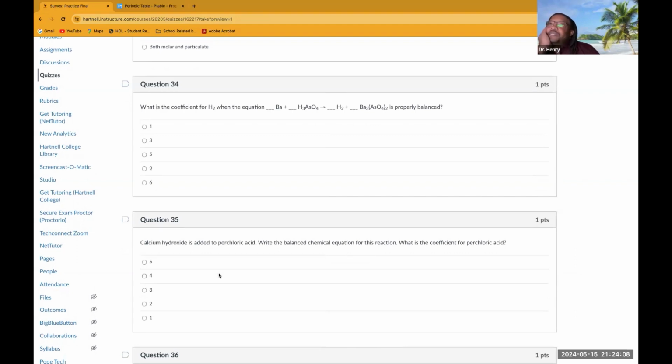Okay, so we need to balance this chemical equation. What is the coefficient for H2 when the equation Ba plus H3AsO4 yields H2 plus Ba3(AsO4)2 is properly balanced? Okay, how many Ba's do we need? We've got three here, one there, we need three.